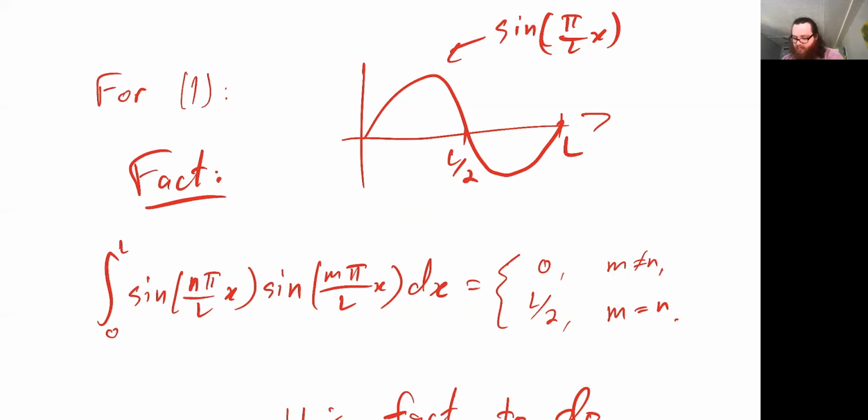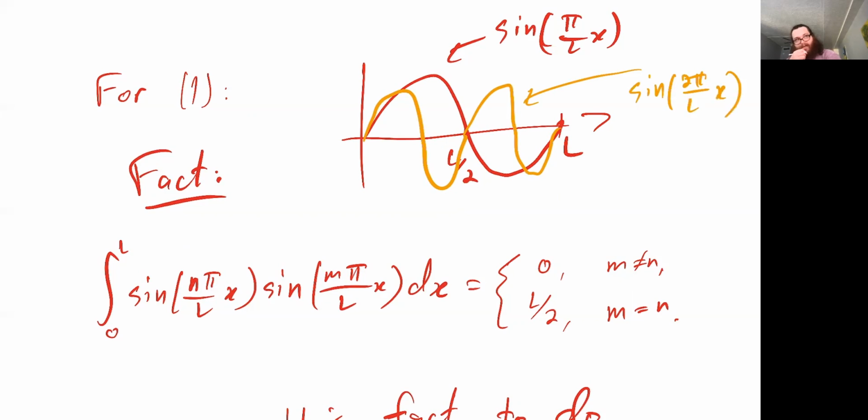The picture I have in mind is the following. That and then that. So then this orange is going to be sine of 2 pi over L x.